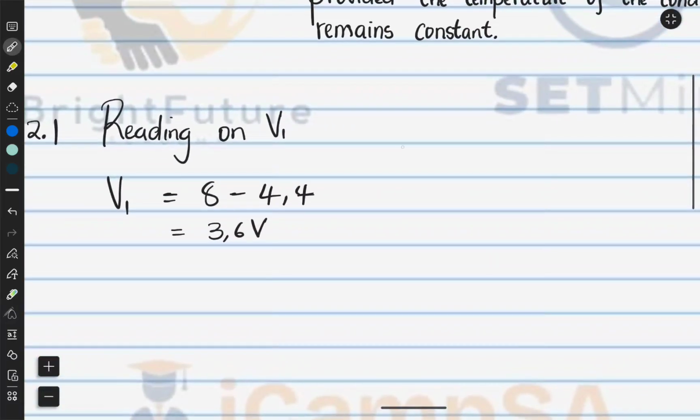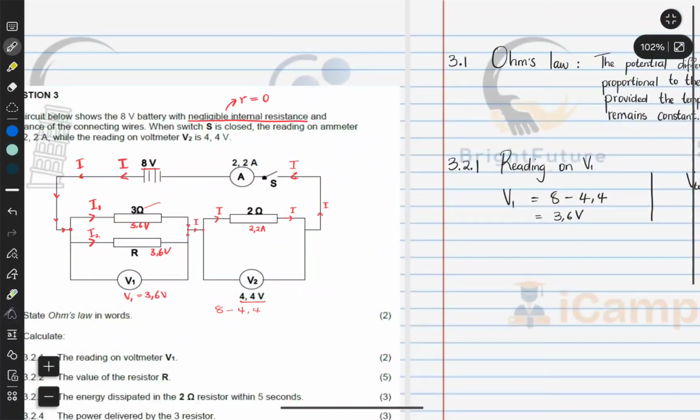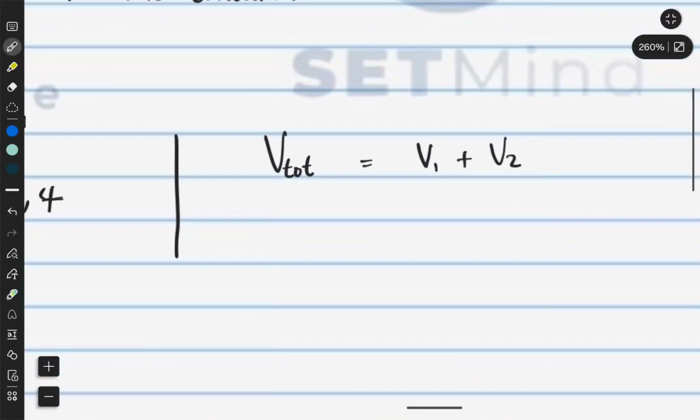Or if you want to take it step by step, you would say, so the V total is V1 plus V2, because clearly V1 measures the parallel combination and then V2 measures the series connection. So we know that if we add those two, we would get our total voltage, but we already know the total.